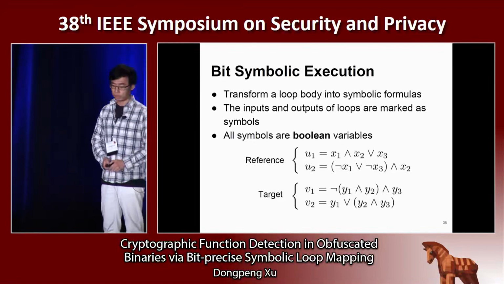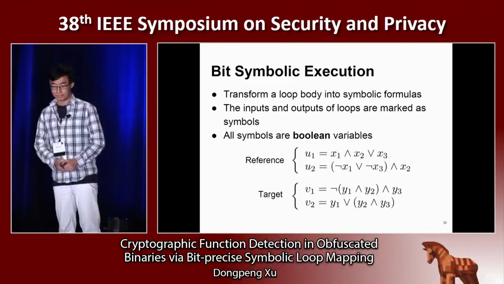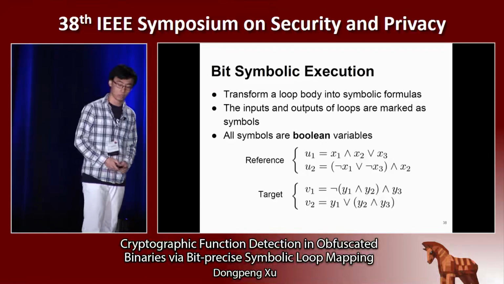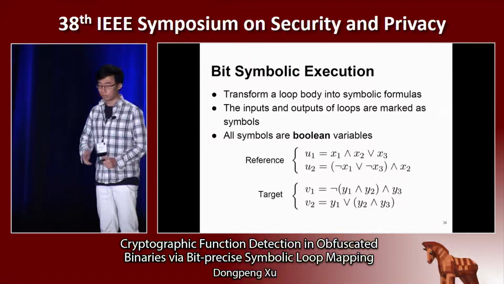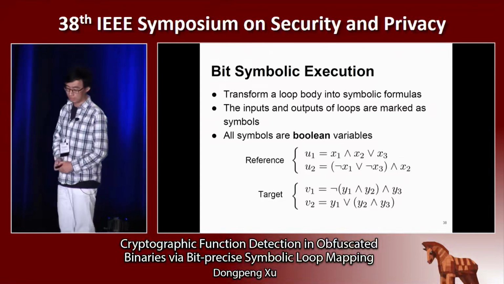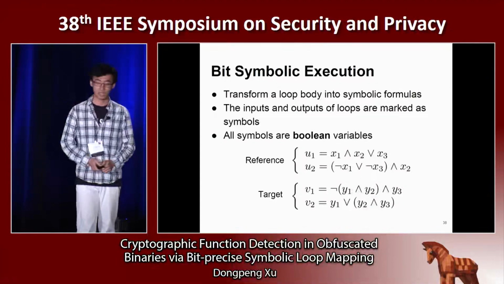Here I show an example of the reference formula and target formula. x1, x2, x3 here are inputs of the reference formula, and u1 and u2 are output variables. Similarly in the target program, y1, y2, and y3 are inputs, and v1 and v2 are outputs.